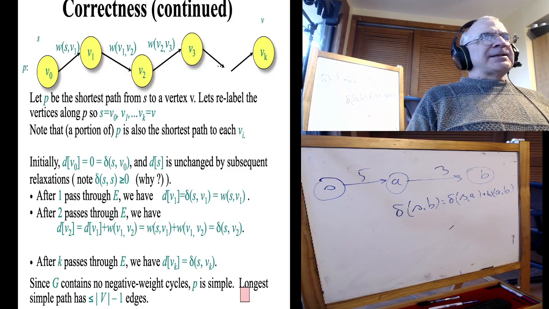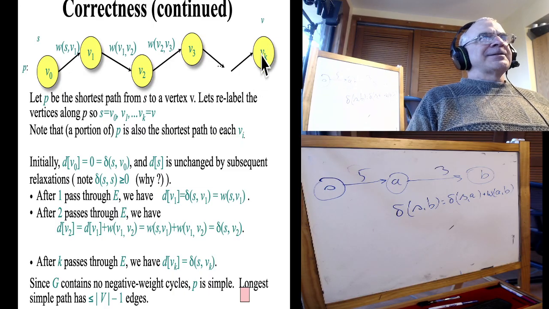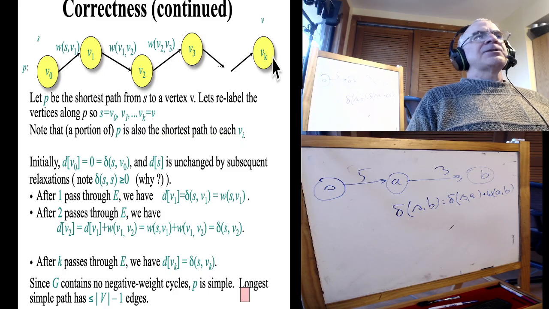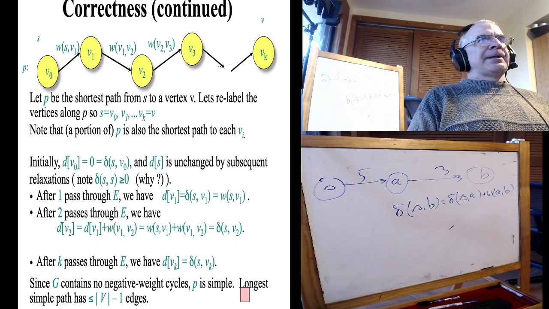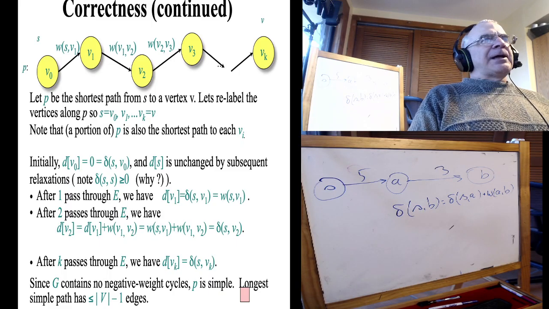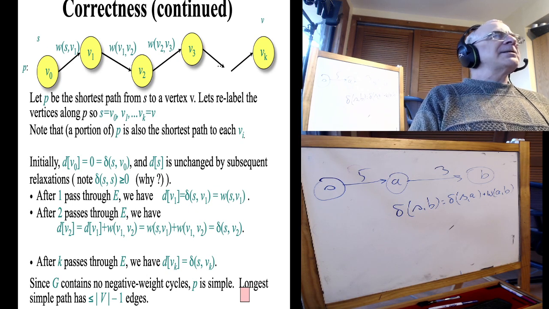Now, there is a chance that after one pass of all the edges, Vk already knows the length of the distance to it. I'll ask you a bit more in the homework to clarify it, but there is a chance that everything is already settled, already stable after one pass. But definitely I don't need more than this many passes.